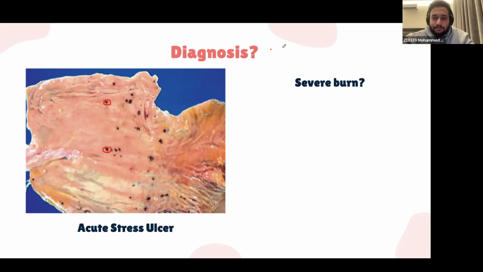Do you guys know? There's two names that we can give. Either Cushing ulcers or Curling ulcers. What is the one we give to severe burns? Curling ulcers. Good. How about the other one? Intracranial injury.